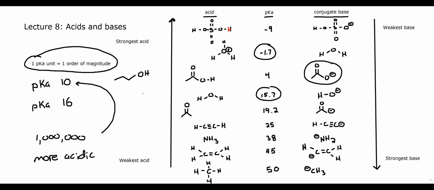But propanol and the other alcohols will be in the neighborhood of 16 to 18, very similar to our 15.7. That's why it's important to know some numbers, because if you memorize the pKa of water as 15.7, then you don't really need to memorize the pKa's of alcohols, because you know alcohols are just like water.